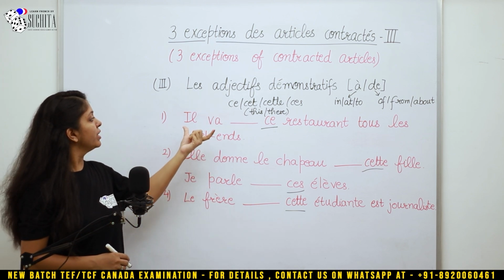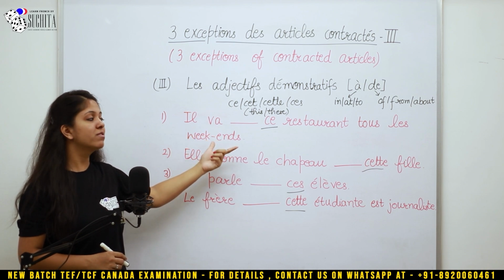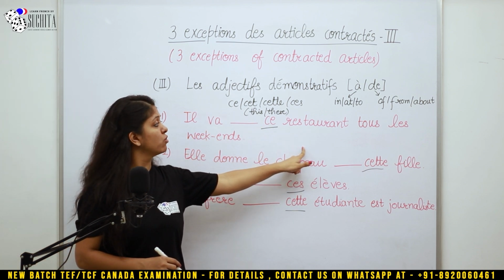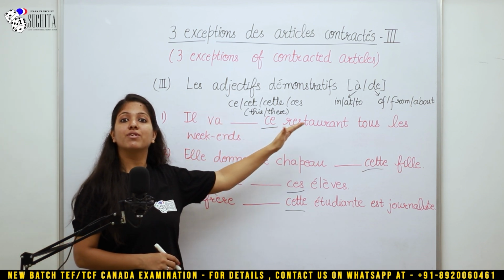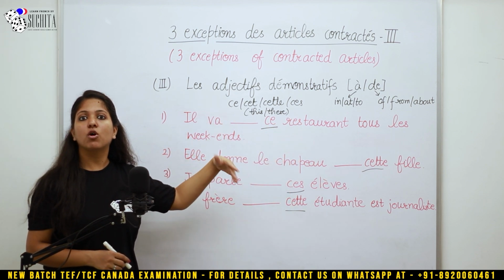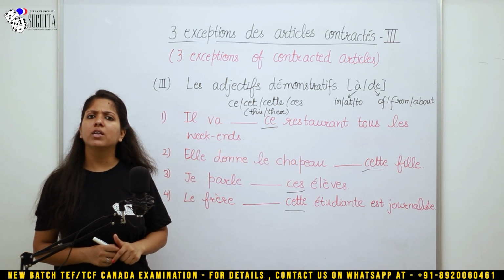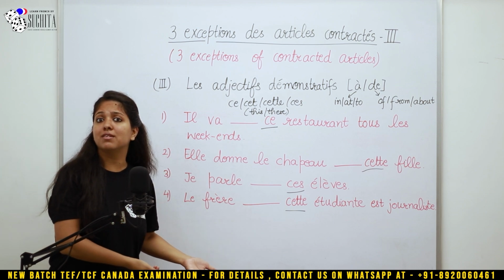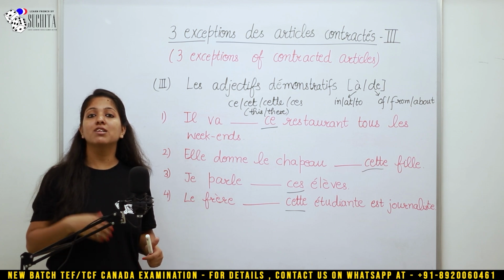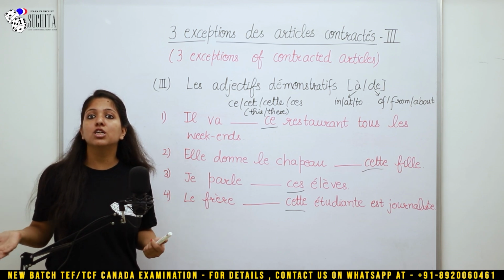For example, il va, he goes, ce restaurant tous les weekends, which means he goes to this restaurant every weekend. So what will you say in English? He goes to this restaurant or he goes to the this restaurant? Of course, you will not say to the this restaurant. In English also.